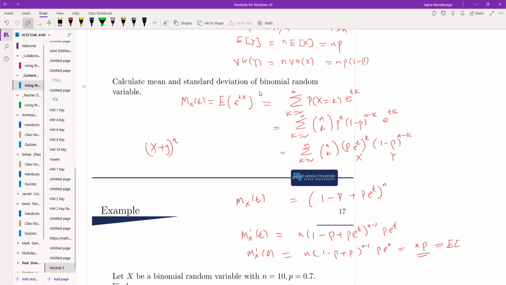This is basically the expected value of X squared. You can take the second derivative and set t to 0, and that would give you the second moment, and from there you can get the variance, which you can try yourself.